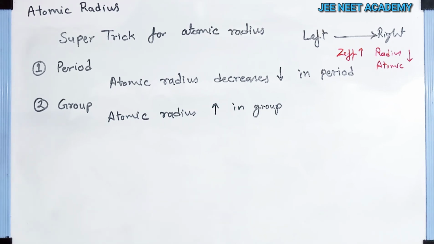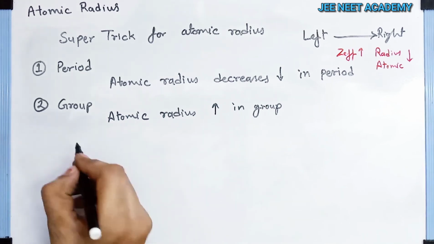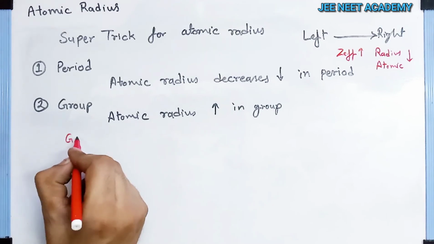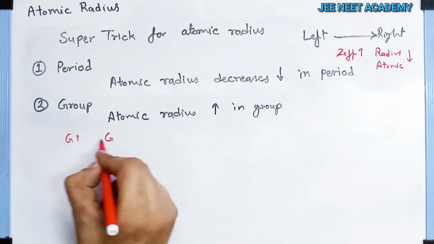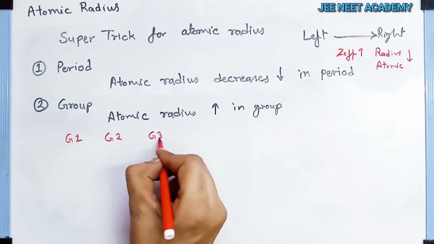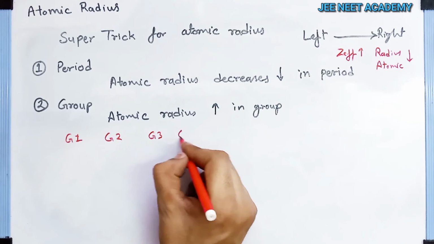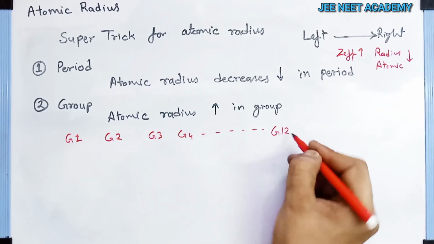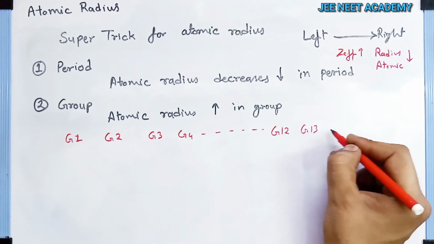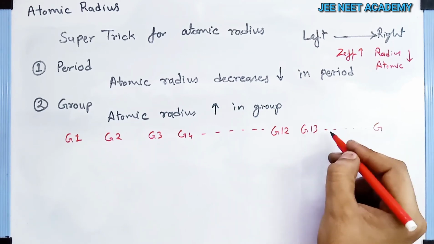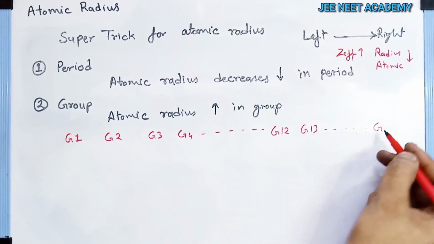Now we'll see the trend in the periodic table. If you see group 1, group 2, group 3, like this, group 4 to group 12, then group 13 to the last group: 13, 14, 15, 16, 17 and 18.